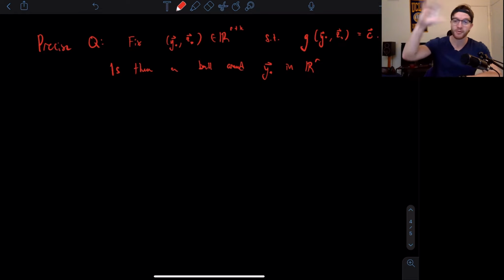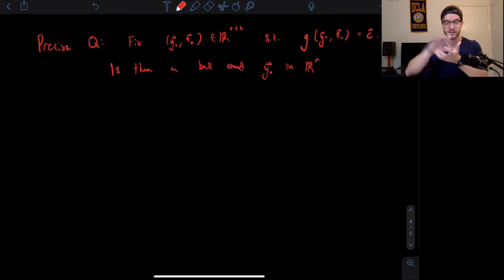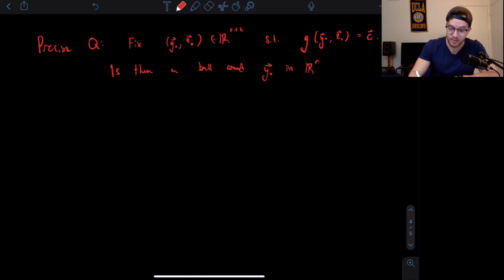So I'm looking for a ball in r dimensional space around my point y naught such that we can solve for z as a function of y.